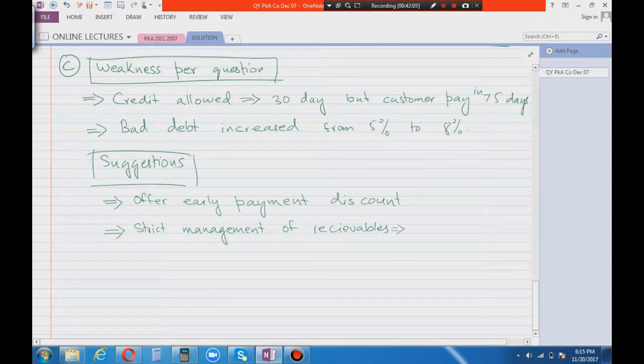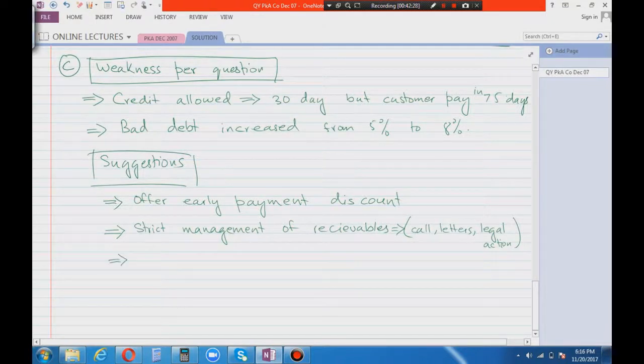For example, if the customer doesn't pay on time, you start calling them, you start sending letters to them. For example, you can take legal action, right? Obviously you don't take legal action normally for a smaller amount. What can be the other suggestion?